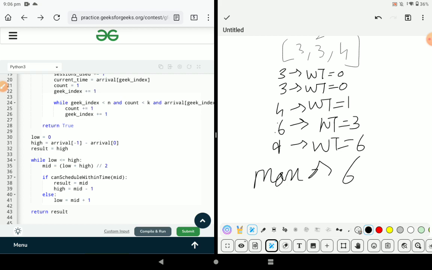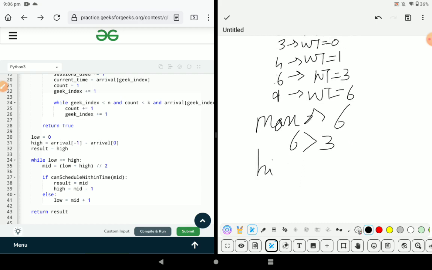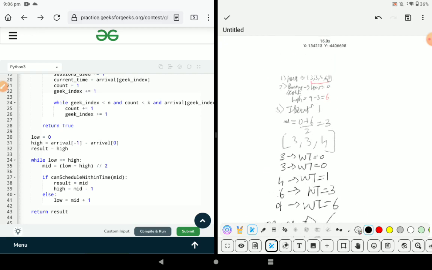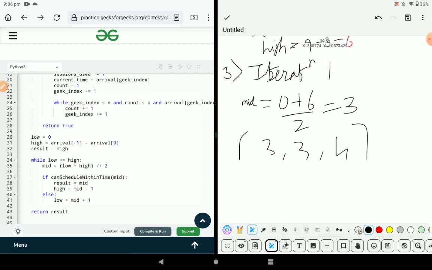Since 6 is greater than 3, we update high. High equals 3 minus 1, which equals 2. So basically we have sorted, used binary search, then updated high.